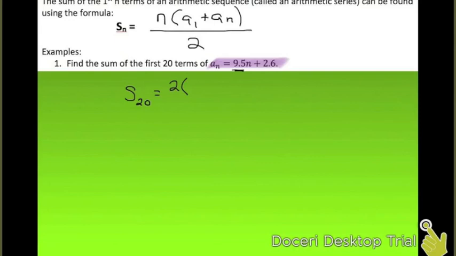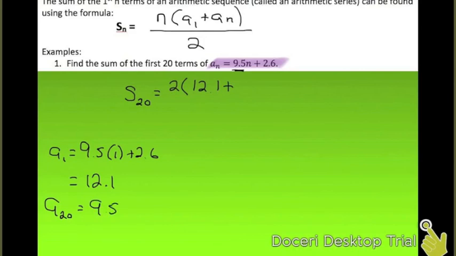Well, we got to find that. So a sub 1 equals 9.5 times 1 plus 2.6, which is actually going to give us 12.1. So we'll plug 12.1 in here. And then we need to find the 20th term. So a sub 20 is going to be 9.5 times 20 plus 2.6.